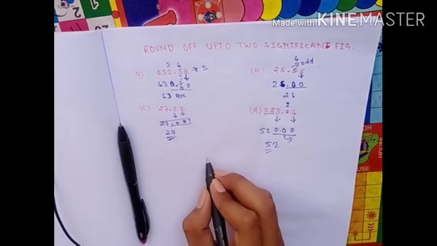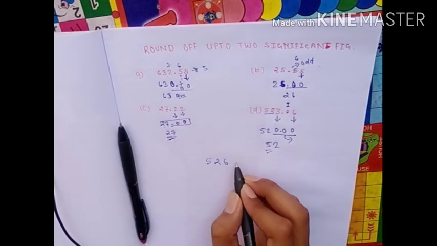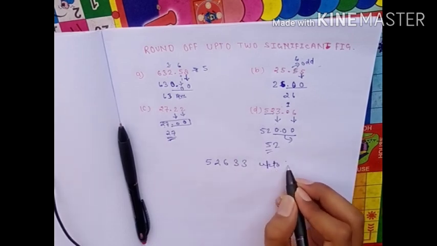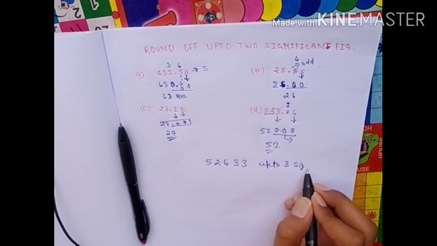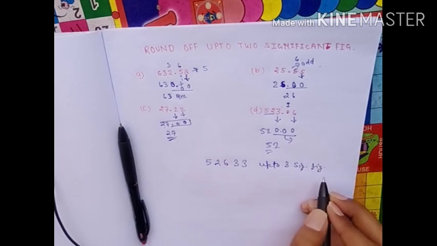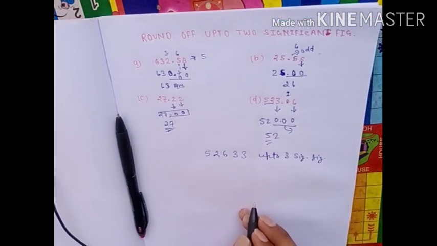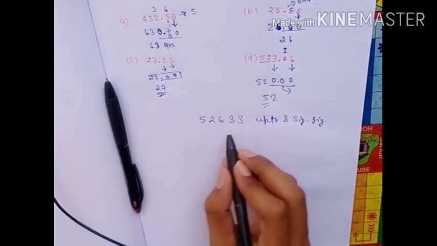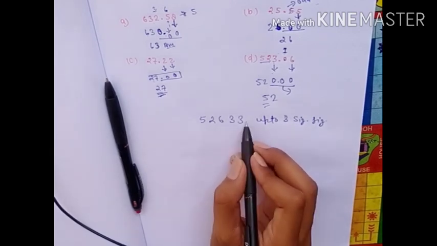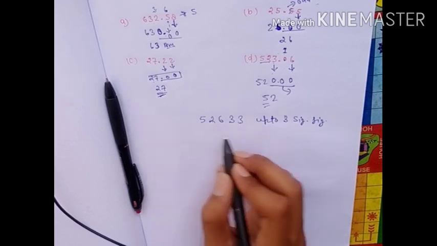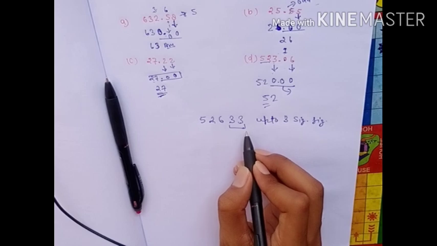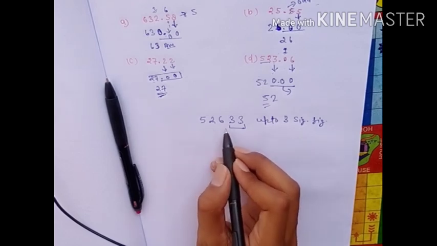Now drop 5 2 6 3 3 up to 3 significant figures. Okay, so let me drop it. First of all, check the significant figures. 1 2 3 4 5, it has 5 significant figures, which means we have to drop these 2 digits so that we can make it up to 3 significant figures.